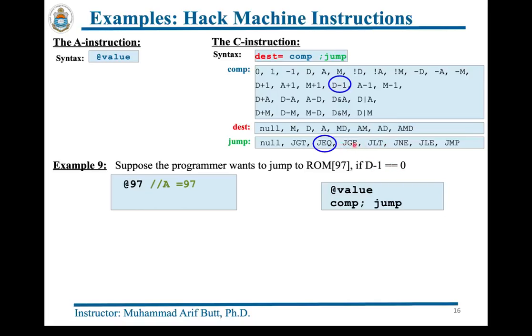We can use any other jump directive over here as well. So these are the two instructions which will move the control of execution to ROM address 97.